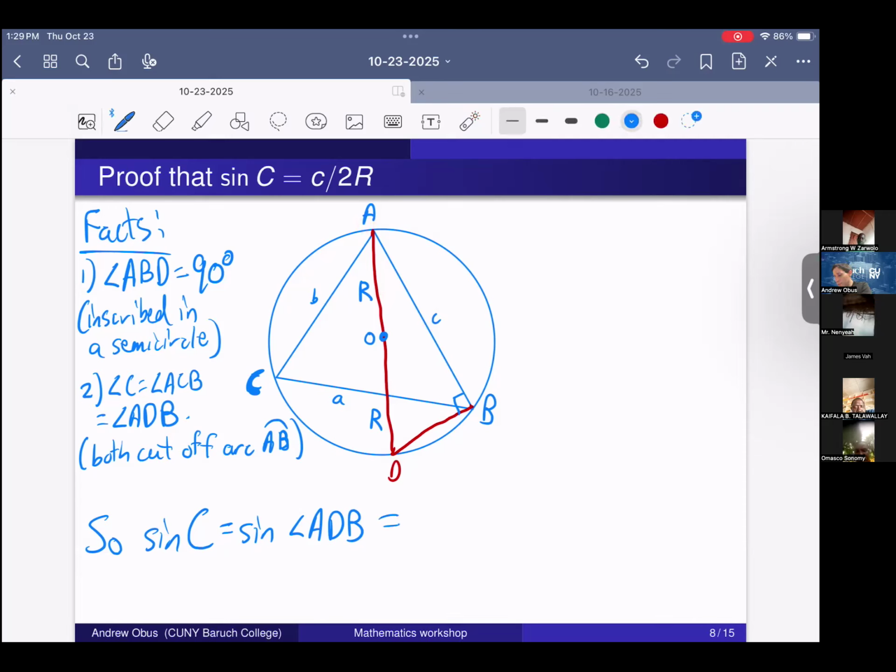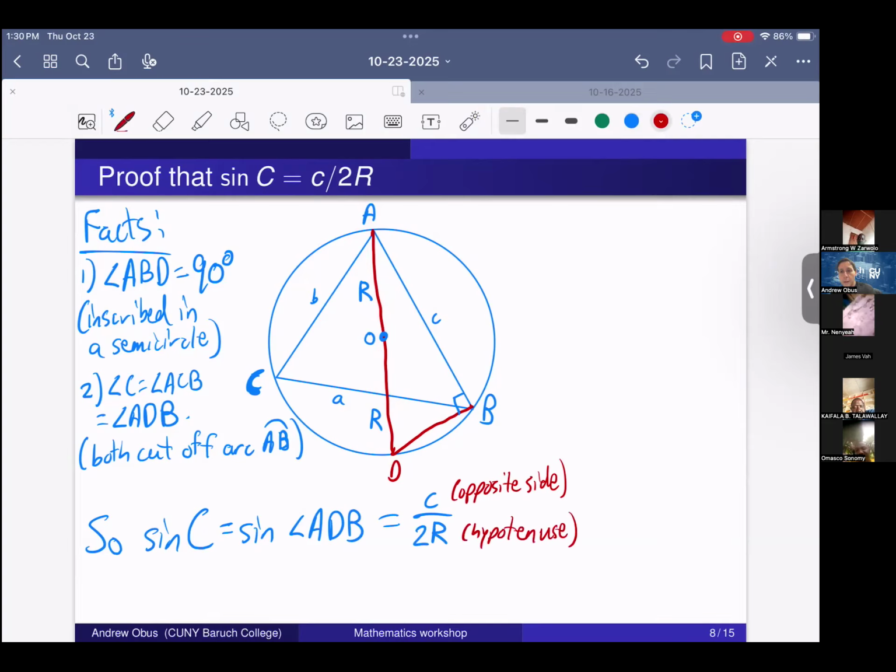So this is equal to c, the opposite side, divided by the hypotenuse, which is what? Well, the hypotenuse is a diameter of the circle. The radius is R, that means that the diameter is 2R. So it's c divided by 2R.